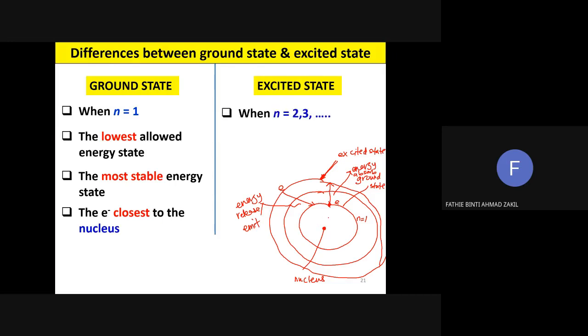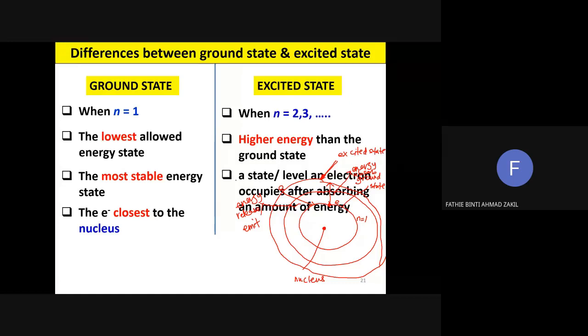Okay, next kita tengok what is the excited state. Excited state ni bermula dengan 2, 2 boleh, 3 boleh dan seterusnya kecuali 1. Dia excited state ni adalah higher energy than the ground state. A state or level an electron occupies after absorbing an amount of energy.